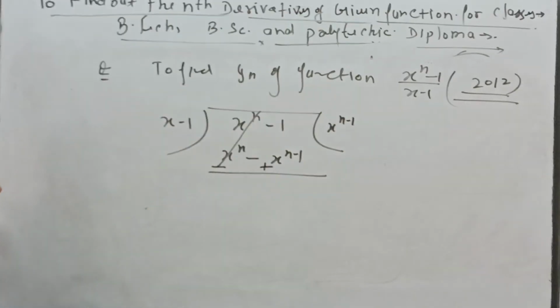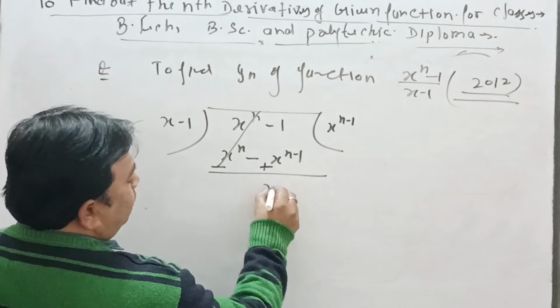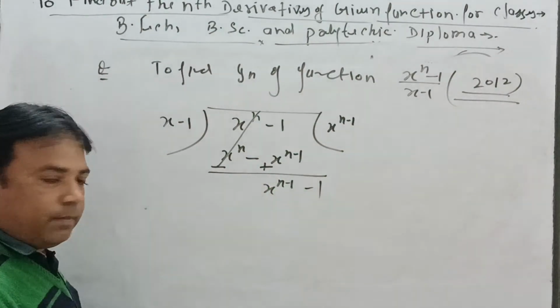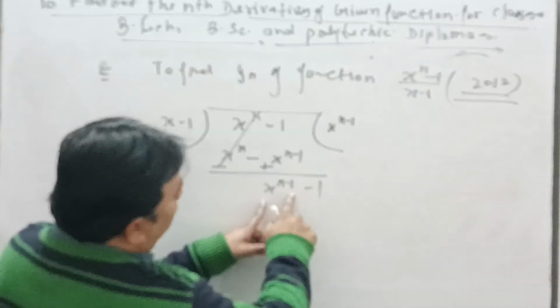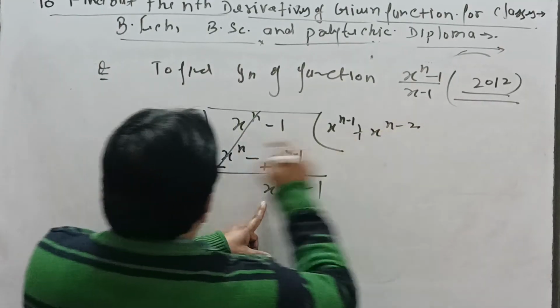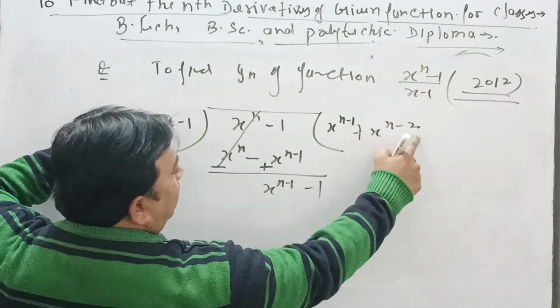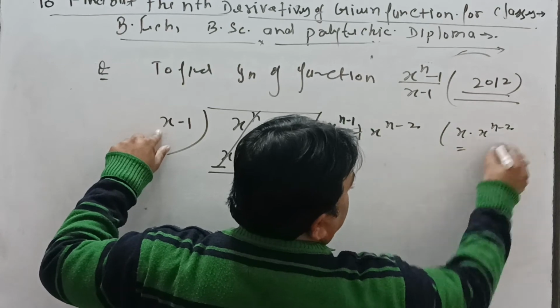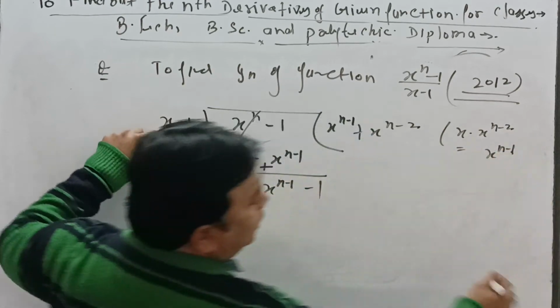Again you take out x to the power n minus 1 and minus 1, so you make the power n minus 2 and multiply by x, giving x to the power n minus 1.